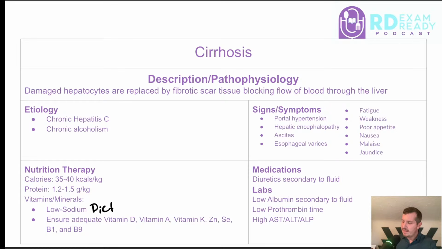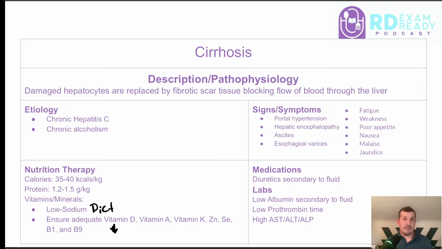We want to make sure they get adequate amounts of vitamin D, vitamin A, vitamin K, zinc, selenium, B1, and B9. You can make, I'm sure, an argument for other vitamins and minerals, but per the text, this is what they mentioned. We think about adequate vitamin D because remember, the liver is involved with the activation of vitamin D, right?